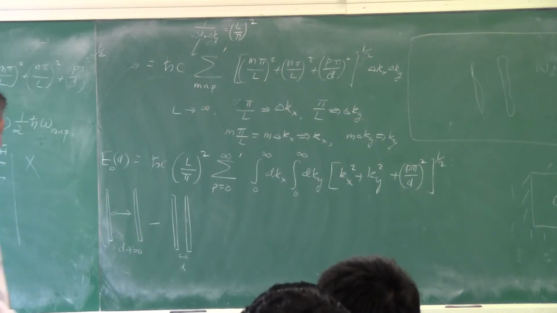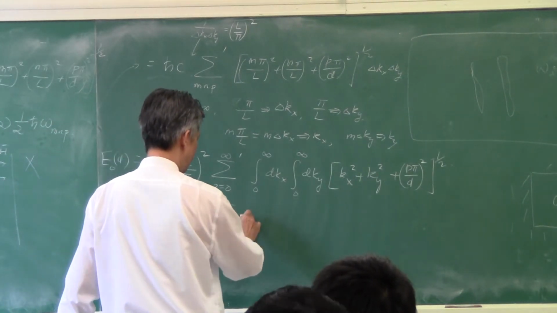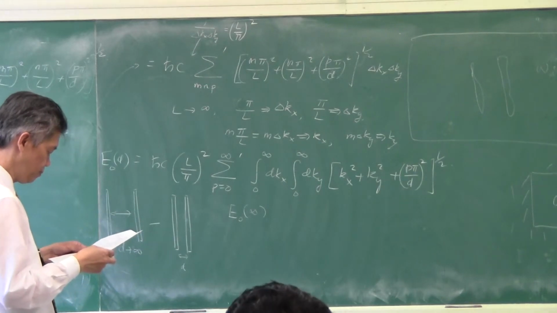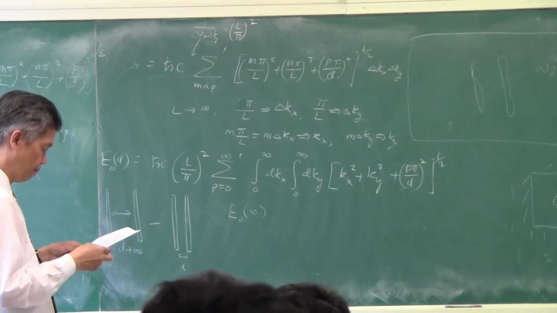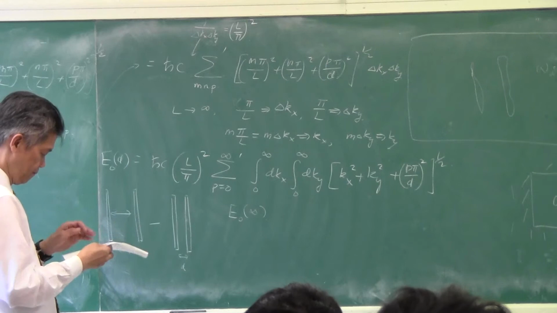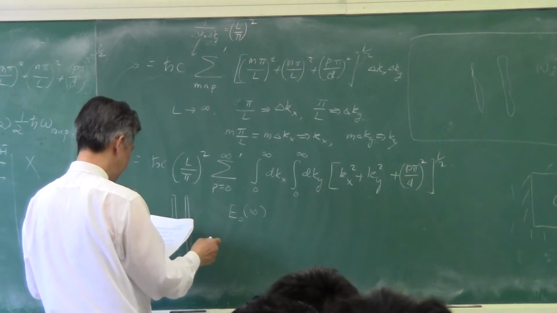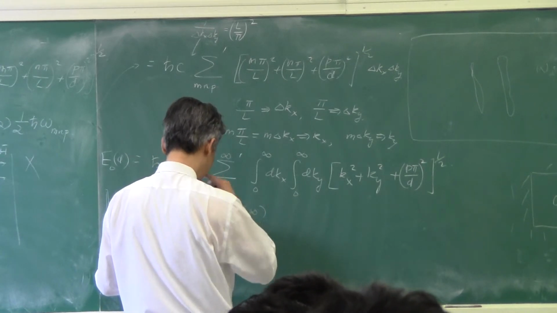So the first thing we should do is find out what this thing is when the separation is infinite. If you do that, then this other thing also becomes an integral, so you would actually have three integrals.